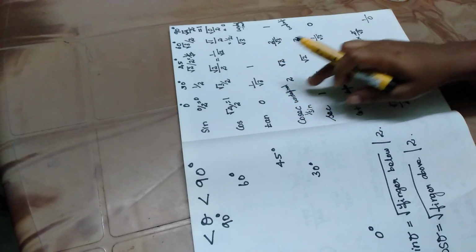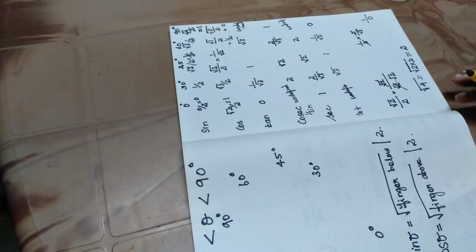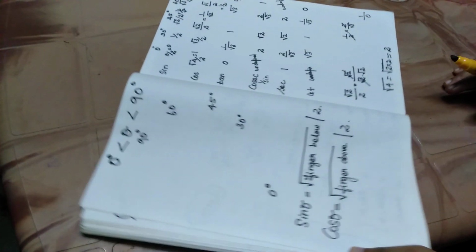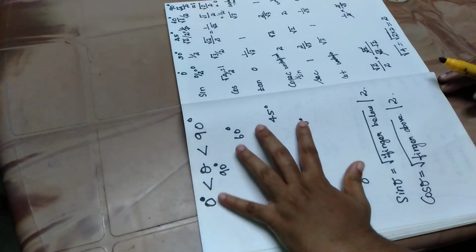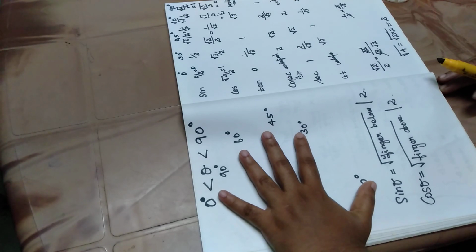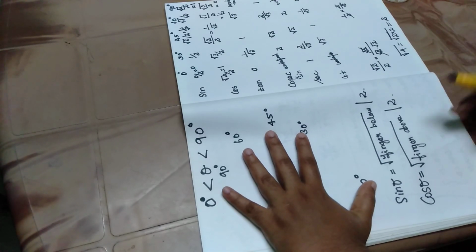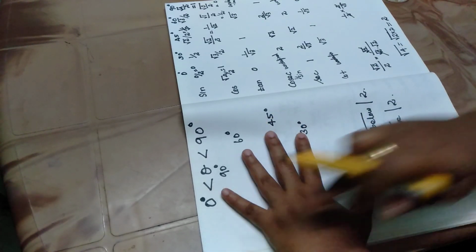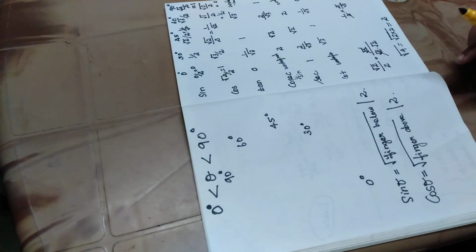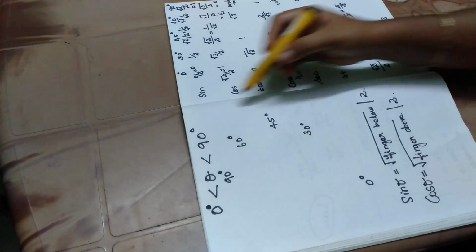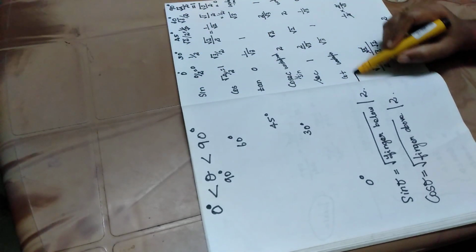And cot theta means just divide. If you know these two logics and your finger method, we can form the table. Practice it on your own. It will help you a lot.